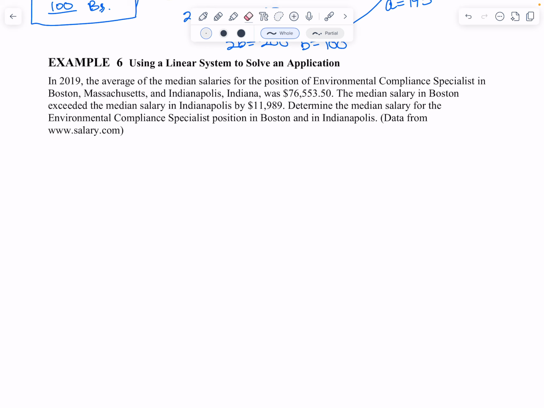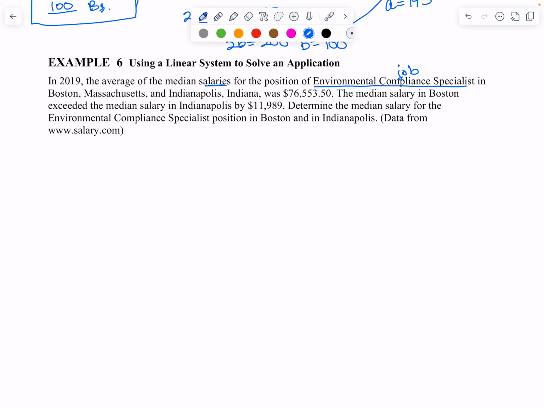Okay, it says in here the average of the median salary. So we're talking about salaries, right? Salaries for this job, whatever that job is. I don't know, environmental compliance specialist, whatever that person does.